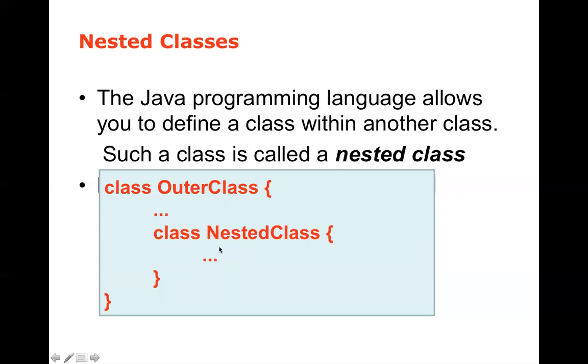A class contains other class definitions inside it. Not only one class, it can have a number of classes defined inside. So those classes are called nested classes.